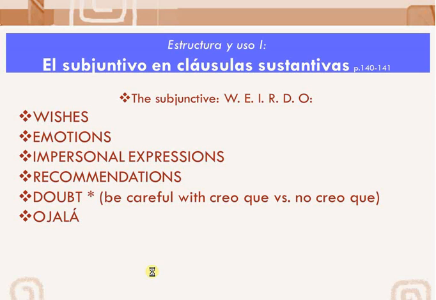So when you think about the subjunctive, I want you to think of the word weirdo, just to summarize all the uses. Because it's a weird mood, okay? So weirdo stands for wishes, emotions, impersonal expressions, recommendations, doubt, and ojalá.